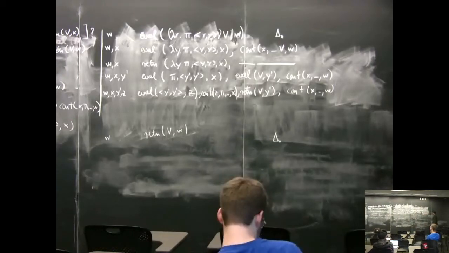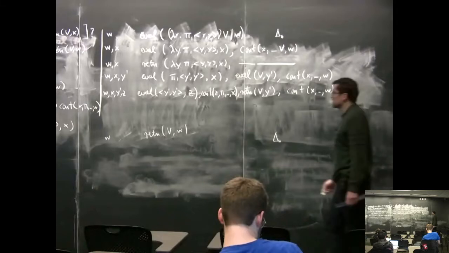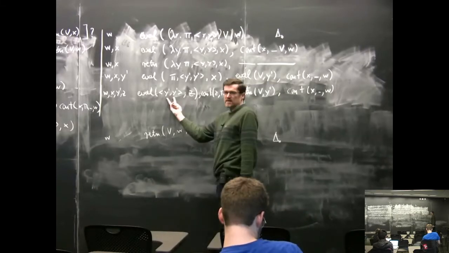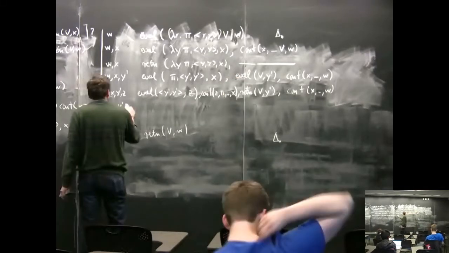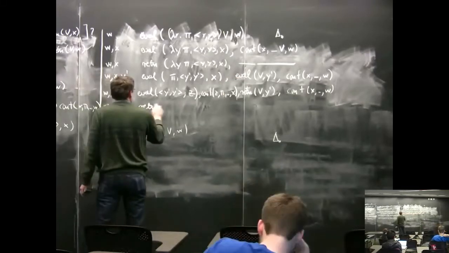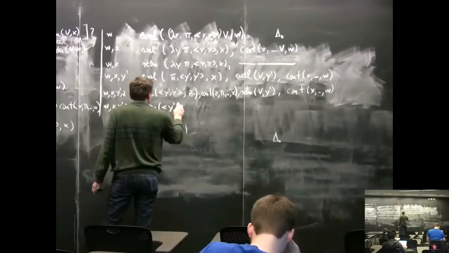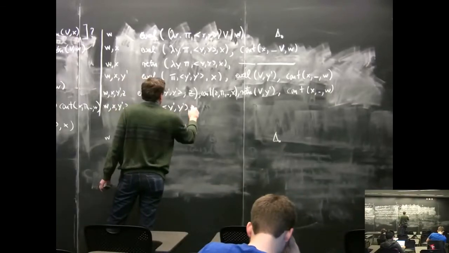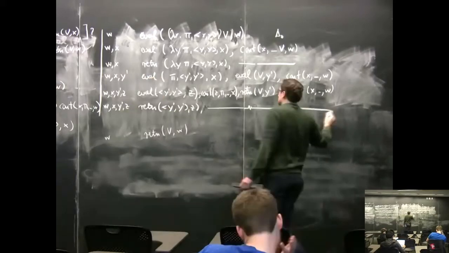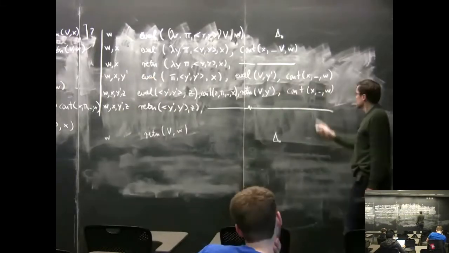Okay, so what happens at this point? Right, because this is a pair, a pair is a value, right? This turns into a return. So we have w x y prime z. We return the pair y prime along z. And the rest here doesn't change.